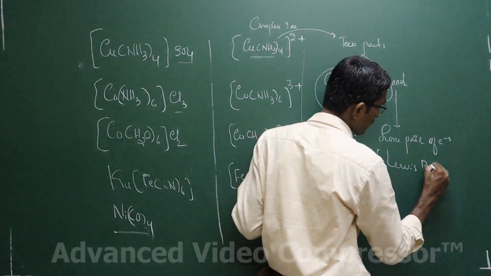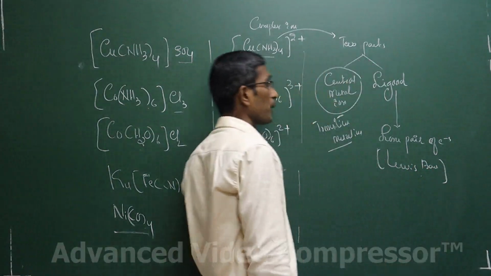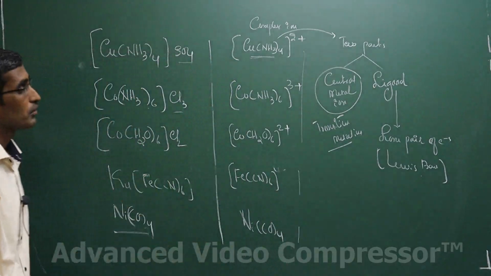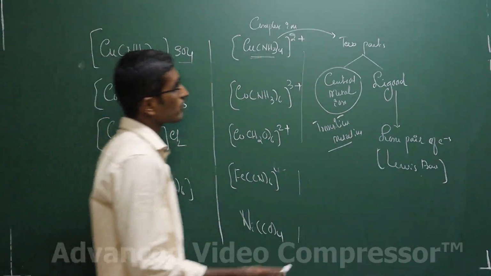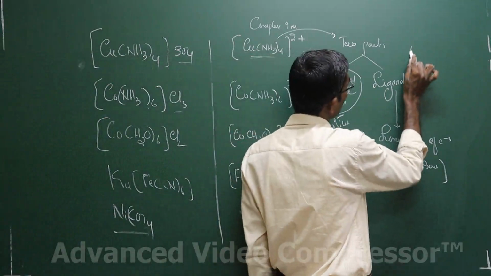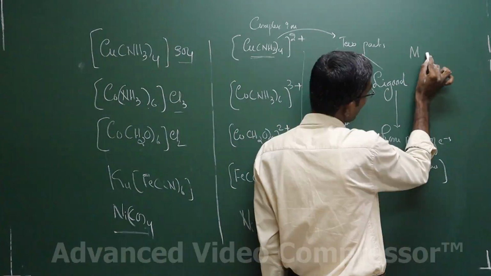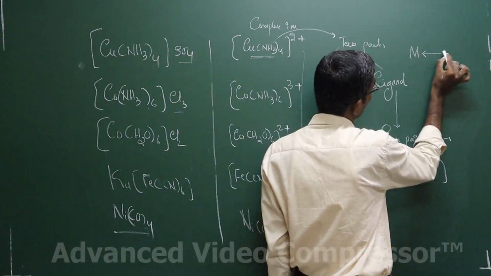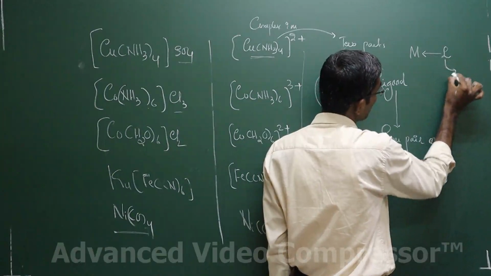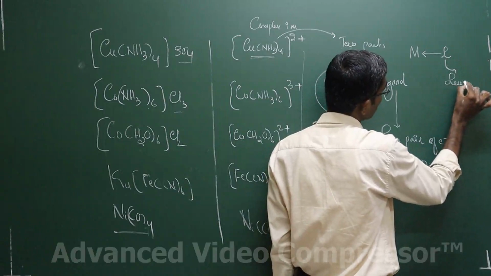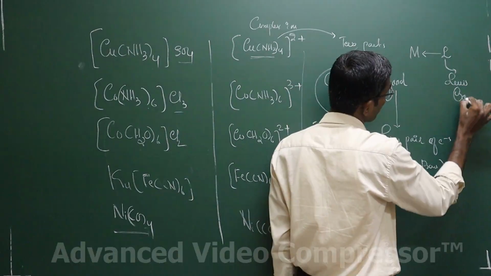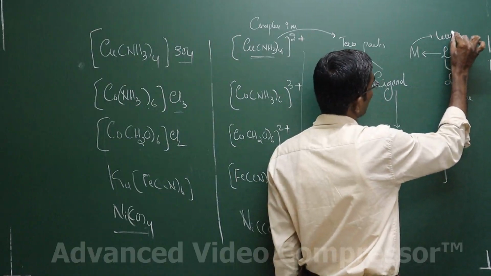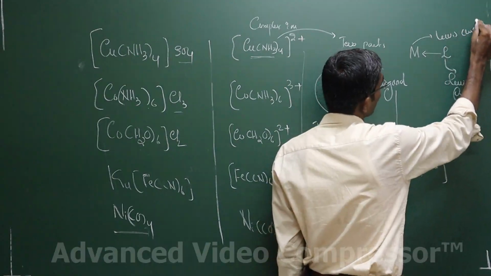What it means, students, is that in any complex ion you have a central metal ion M, and the ligand will donate a lone pair of electrons to the central metal ion. In other words, the ligand acts like a Lewis base, that is, it gives a pair of electrons. Metal acts as a Lewis acid.